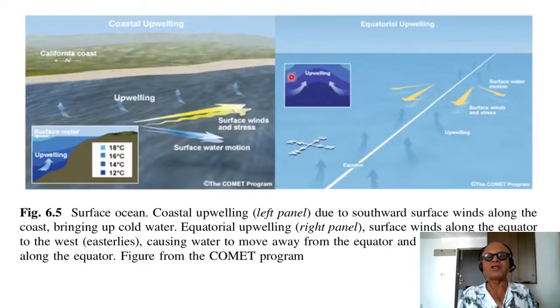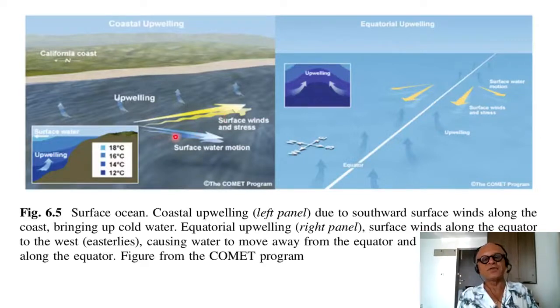So if you are looking at the California coast, there is the California upwelling, which is full of phytoplankton and fish. So surface winds can diverge water based on Coriolis. Remember, in the northern hemisphere, Coriolis tilts the currents to the right of the direction of motion.